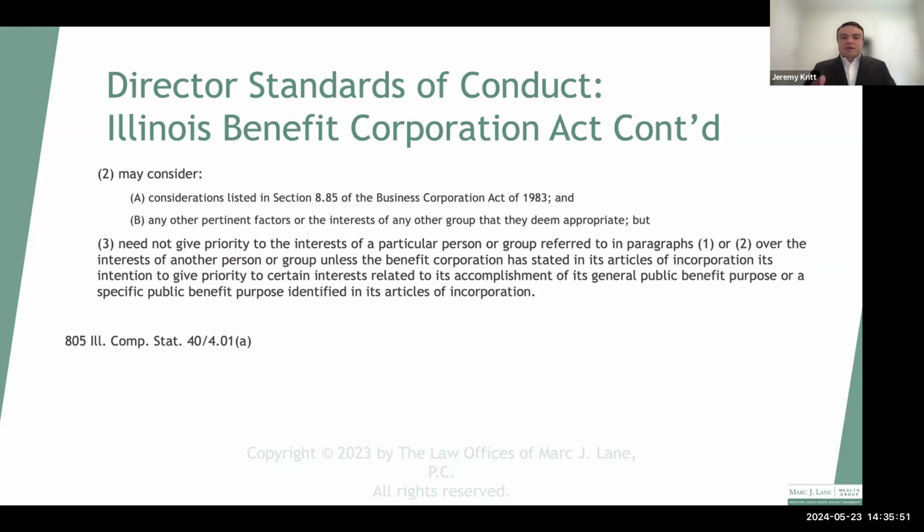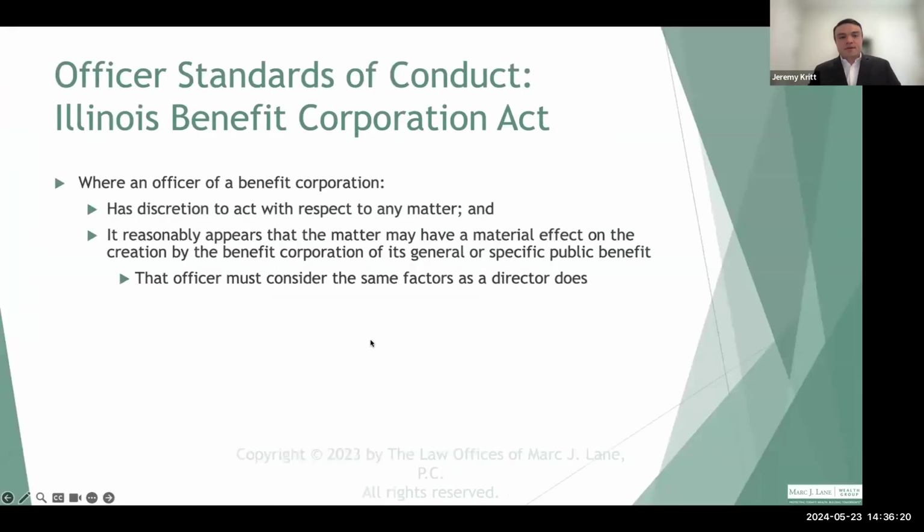So what this statute does is, it legislates the decision-making process. It doesn't legislate results. Now, at the same time, the Benefit Corporation Act is intended to be flexible and really gives those who are setting up and creating the structure of a benefit corporation a lot of flexibility in determining how they want decision making to work.